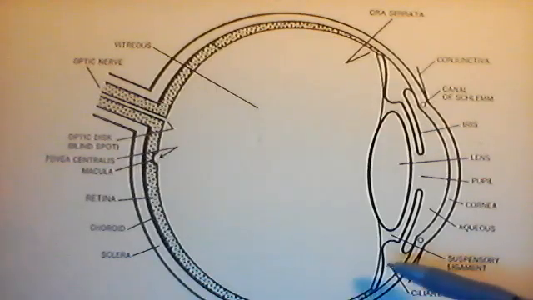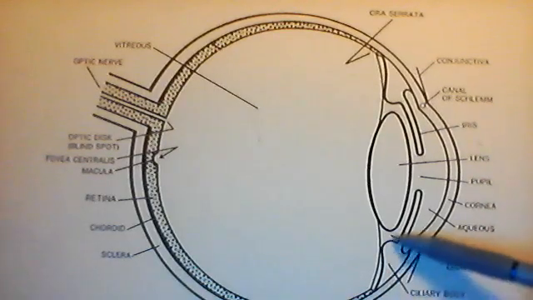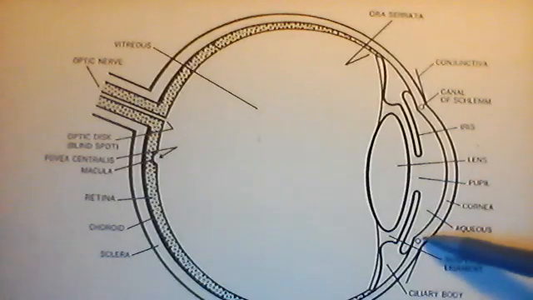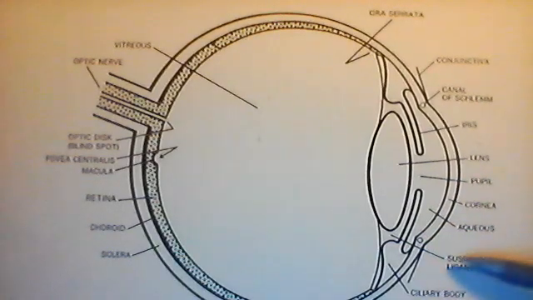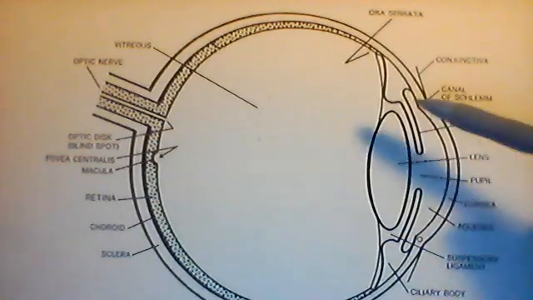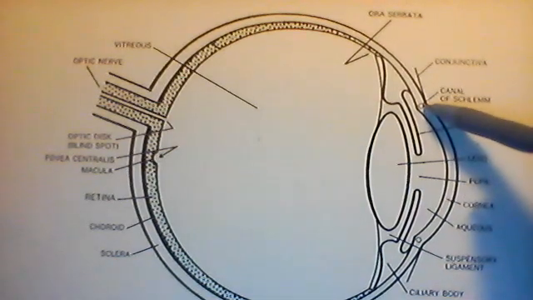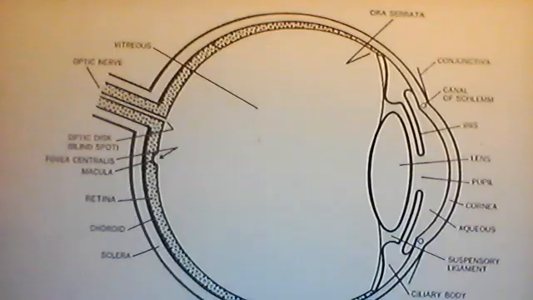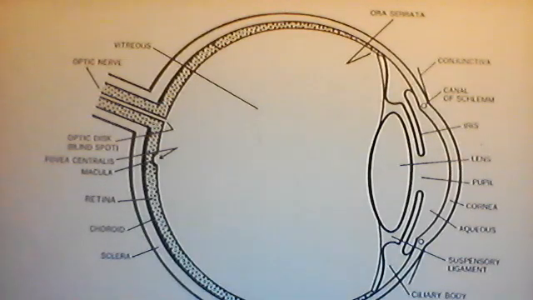The fluid that flows from the ciliary body into this area then goes back out and flows through the canal of Schlemm, which is these two spots right up in here. It is all the way around the cornea above the iris, and that filters the aqueous and allows the aqueous to flow.